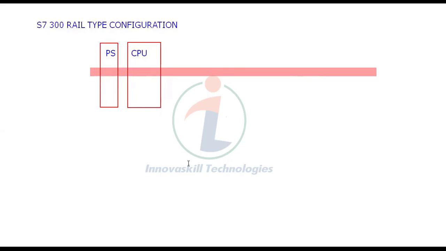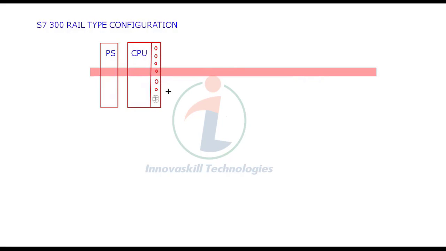And in CPU itself we will have some number of inputs and outputs. So based on the total number of inputs and outputs, if it is necessary we can increase it. If it is not necessary, we can just go with this power supply and CPU, because in CPU itself we will have some inputs and outputs.